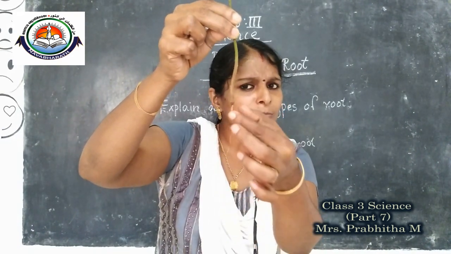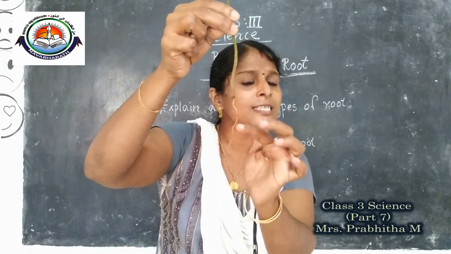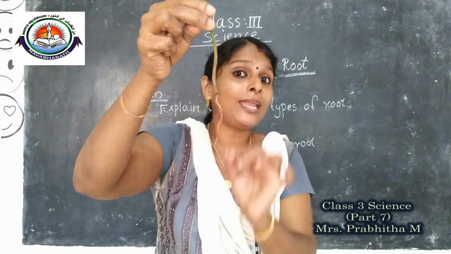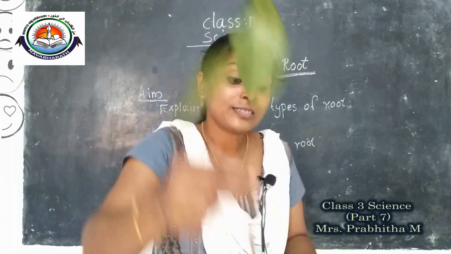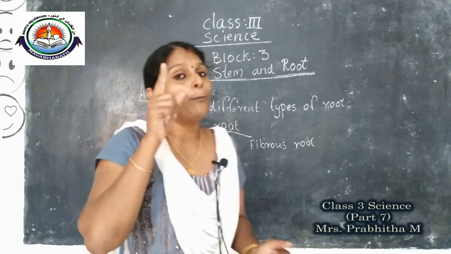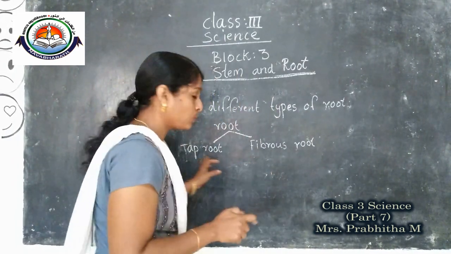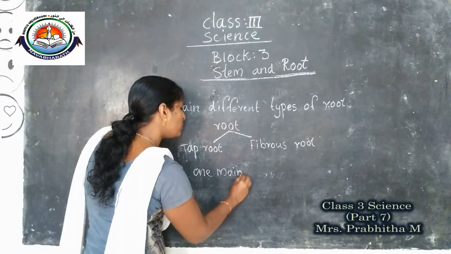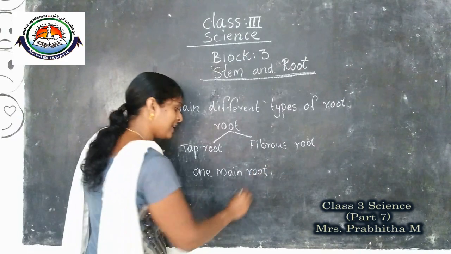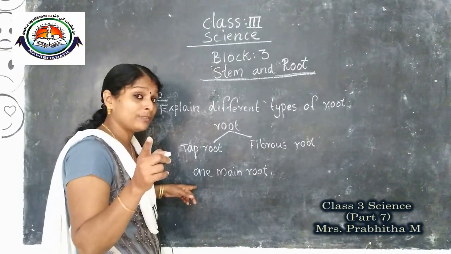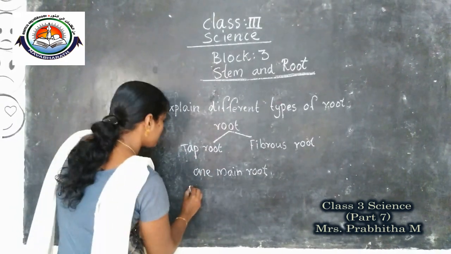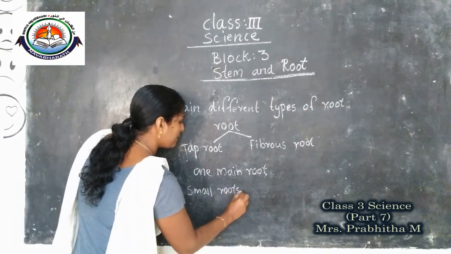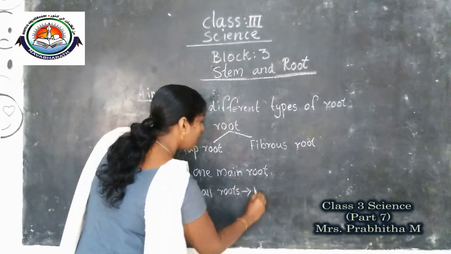Then some small roots are coming from this main root. So what is tap root? Tap root has one main root. Then some small roots are coming from where? Yes, from this main root.